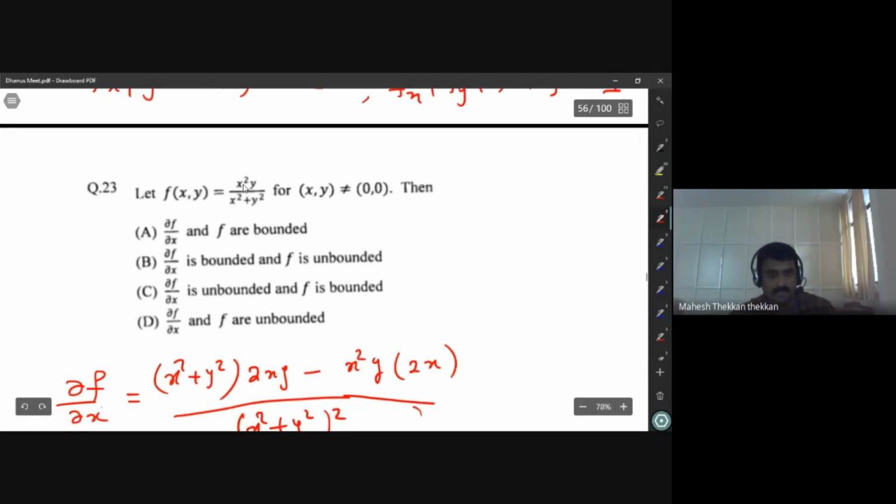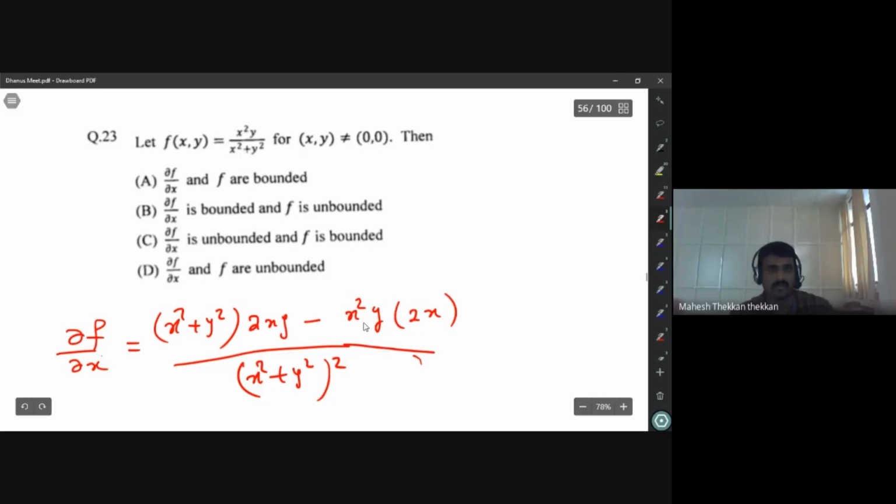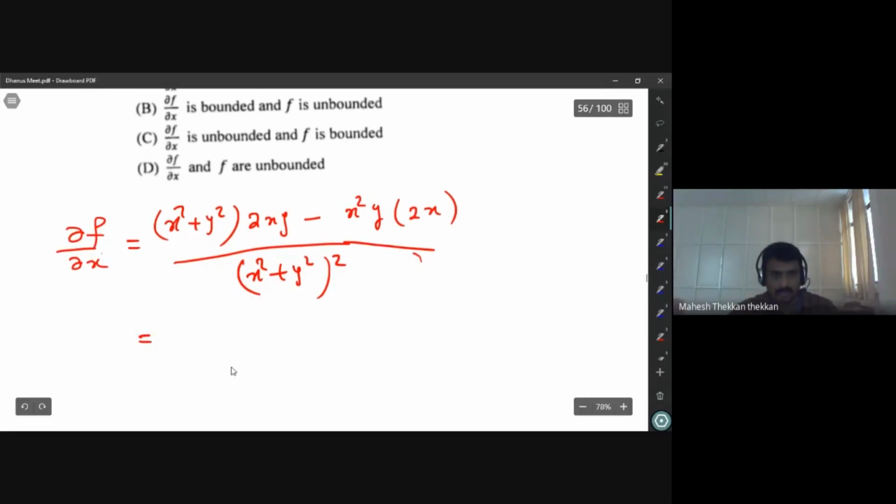Y into 2xy, square y into 2x, that is correct only. So you will get 2x cube y, 2x cube y, that is cancelling. Then 2xy cube divided by x square plus y square whole square.